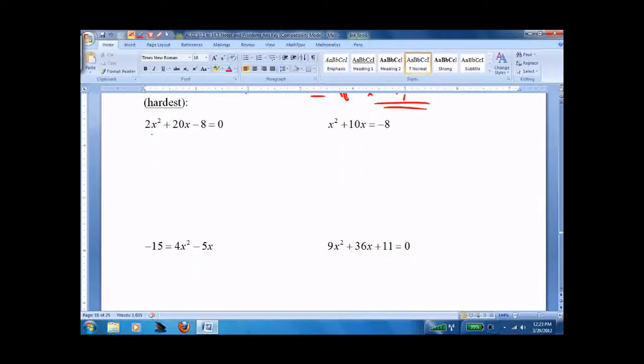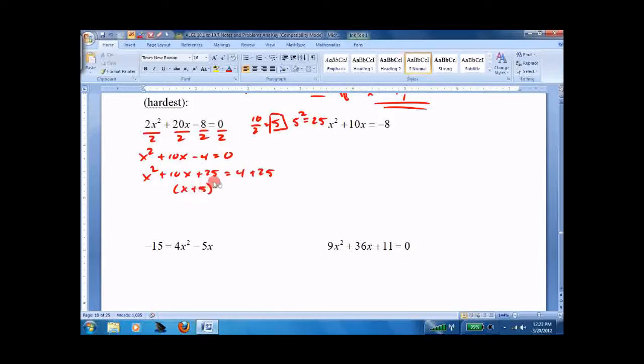This one, we actually have to divide out. So we get x squared plus 10x minus 4 equals 0. This one's going to get ugly. 10 over 2 equals 5 in the box. 5 squared equals 25. X squared plus 10x equals 4. Plus 25 plus 25.